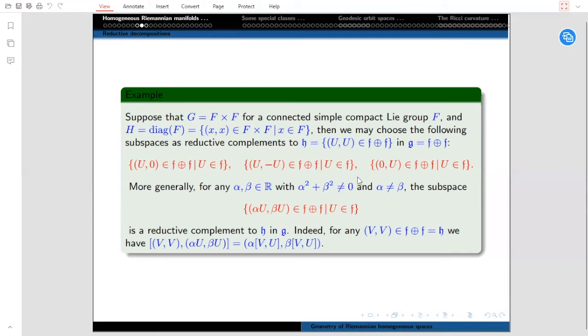And another variant, another case, we can consider a complement of this type. The first component is 0 and the second is arbitrary.